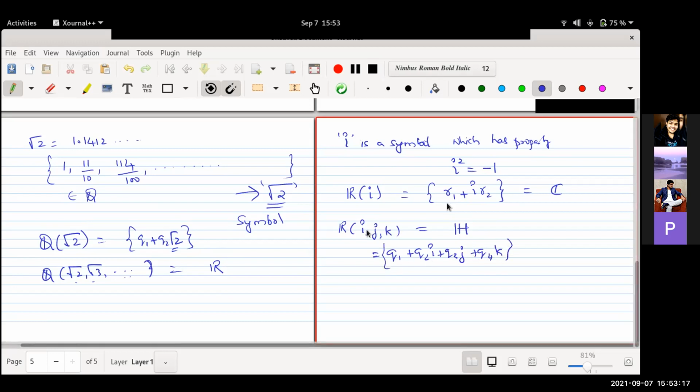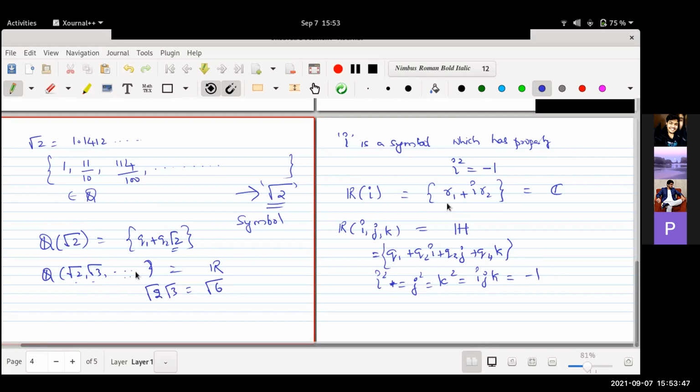But they have some special property. You have to define these special properties also: I square, J square, K square. You have to define how they interact, I, J, K. This is an important thing. Here the square root of 2 and square root of 3, how do they interact? Square root of 6. You can take inside and multiply. Not only square roots, you have to take cube root, fourth root, 100th root. So many things are there.